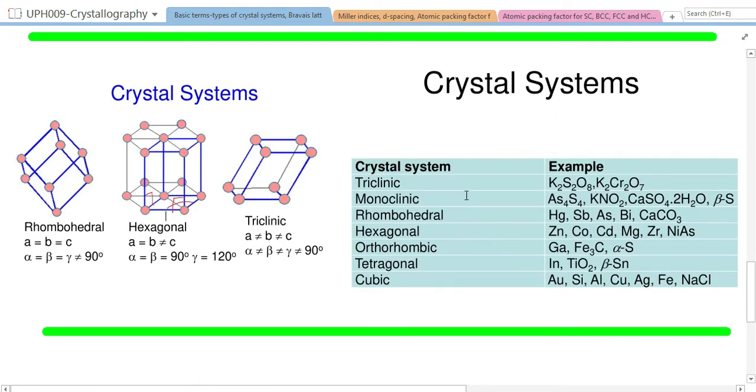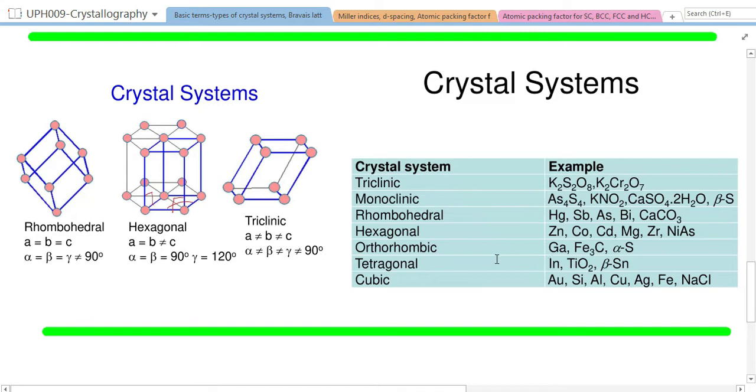Let us take some examples of different materials which come with different Bravais lattices, so their unit cells. For example, silicon, aluminum, then silver, then gold, iron, sodium chloride, all are cubic, right?